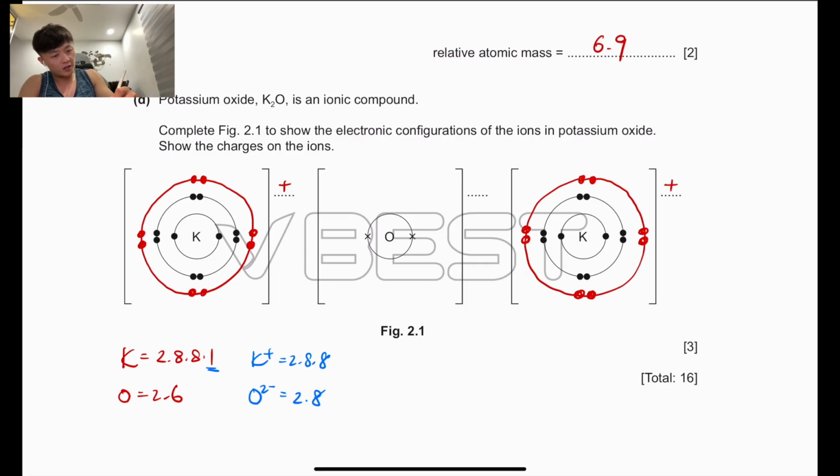Okay, and oxygen is initially 2,6. So 6 valence electrons, see 6 crosses, to show that it initially has 6 valence electrons. Okay, and then it gains 2. It gains 2 from potassium, so it has to be 2 dots, and the charge is 2 negative. That's it. This is how it looks like.